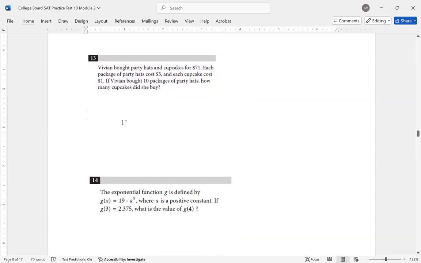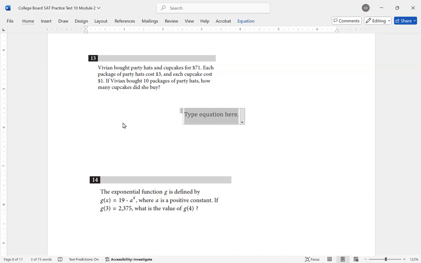Question 13. Vivian bought party hats and cupcakes for $71. Each package of hats costs $3 and each cupcake costs $1. If Vivian bought 10 packages of party hats, how many cupcakes did she buy?